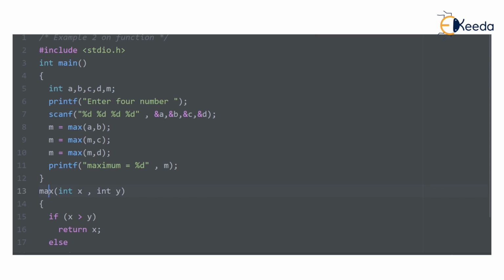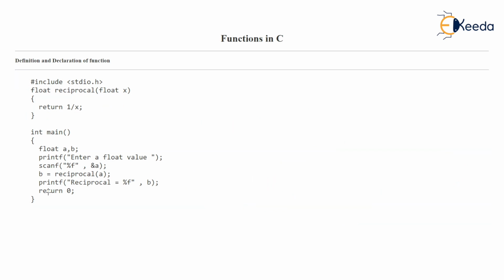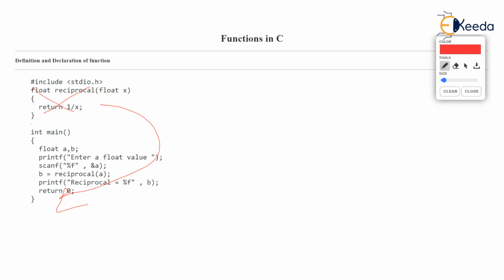So coming back to our slides, what you have understood is when to declare a function. Function declaration is necessary if you define the function below the call. If you write this function below the call, then you have to declare the function above the call.